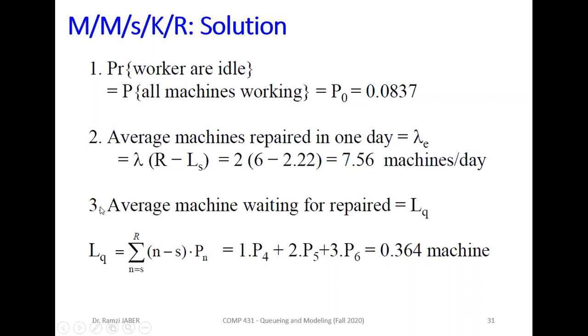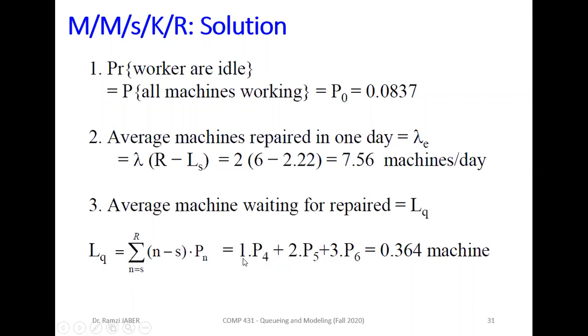Third question: average machines waiting for repair. Waiting for repair is LQ. LQ equals the summation from S to R of (n minus S) Pn. So n equals S, here S equals 3. For n equal 3, 3 minus 3 is 0, 0 times P3, we ignore it.